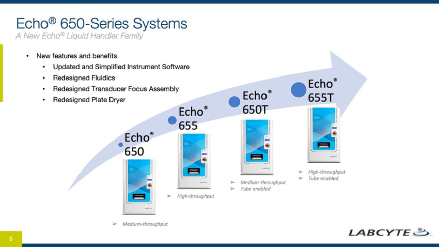And there is an upgrade path available. The 650 can be upgraded to a 650T, and a 655 can be upgraded to a 655T. The T really allows users to use Brooks-designed 96-well acoustic tubes. This way, users are not locked to a plate, but individual tubes can be pulled depending on what is necessary for the experiment at hand.